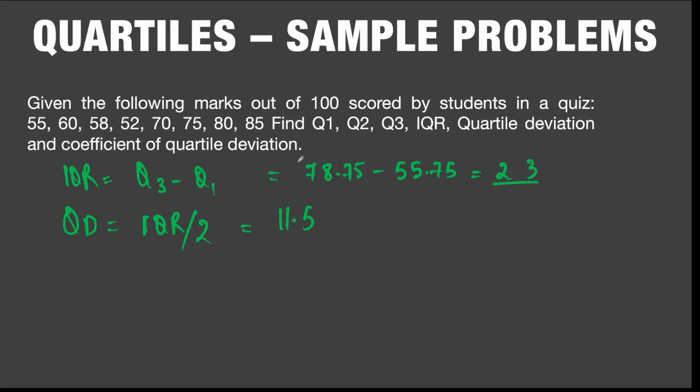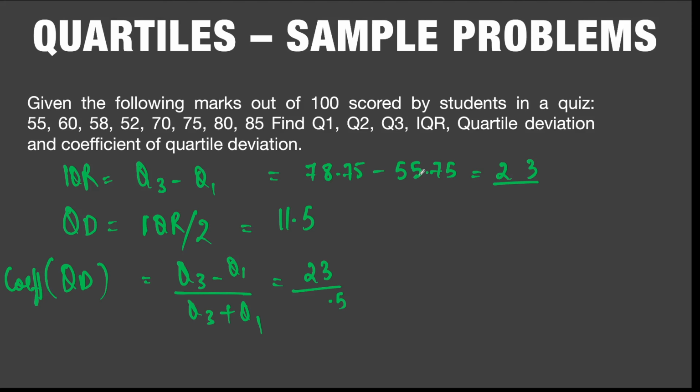Further, the coefficient of quartile deviation would be Q3 minus Q1 whole upon Q3 plus Q1. Now Q3 minus Q1 is going to be 23. Q3 plus Q1, I'll have to add these two terms. 0.75 and 0.75 give me 1.5, so 0.5 would come here in the end.